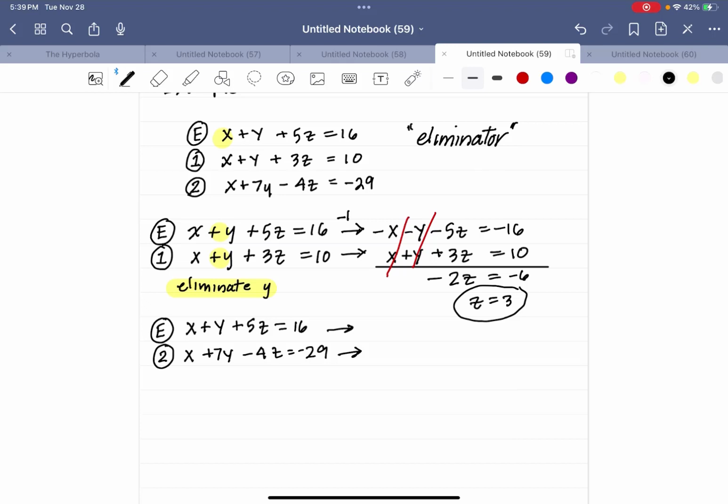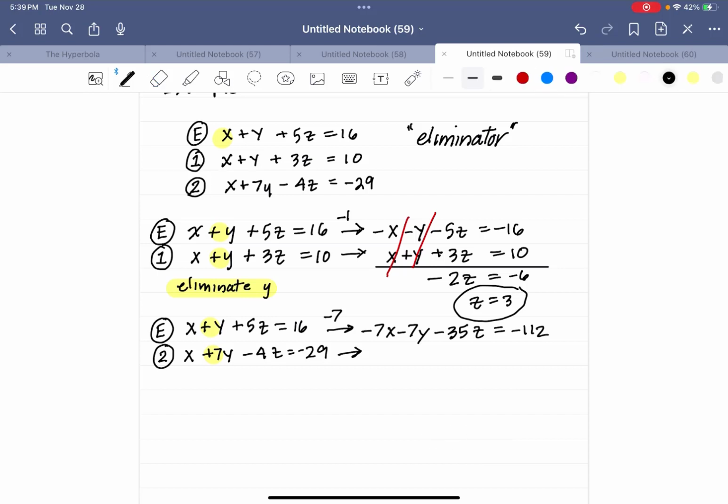So I need to have a -7y right here and a 7y right there. So I'm going to multiply this one by -7. -7x minus 7y minus 35z equals 16 times 7, that's a -112.